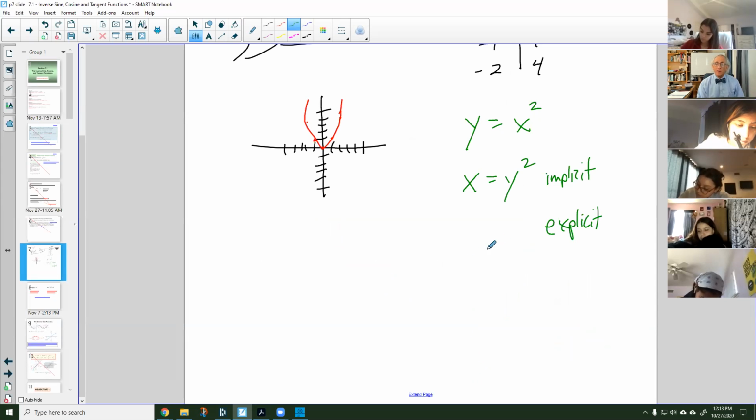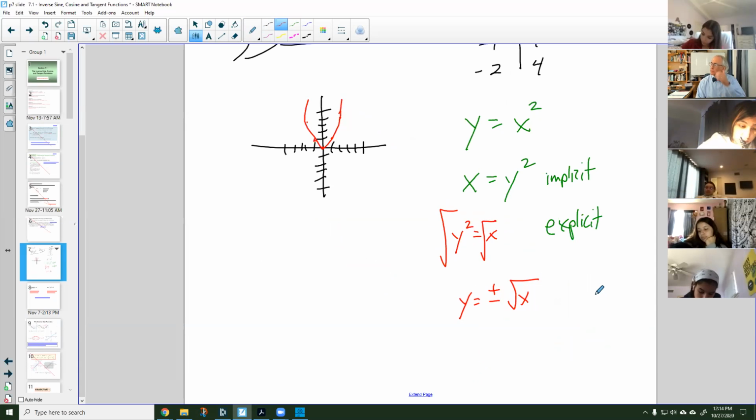So if my implicit is y squared equals x, then to get y all by itself, I would take the square root of both sides, and I would have y equals plus or minus the square root of x. This is explicit.